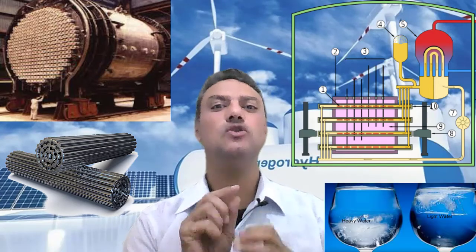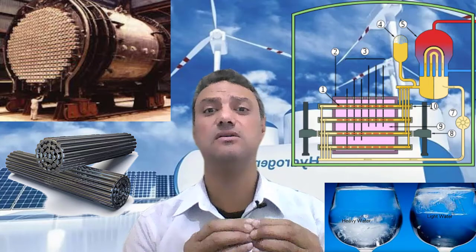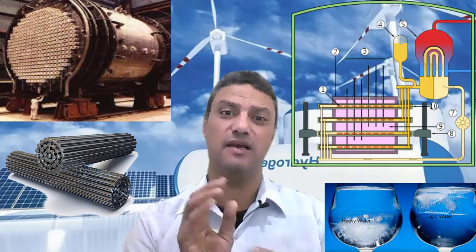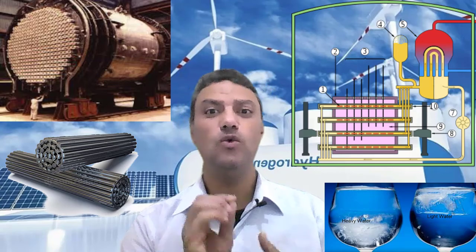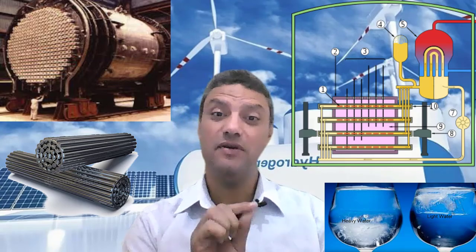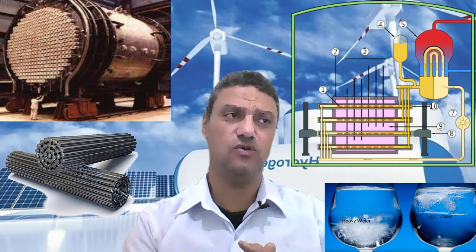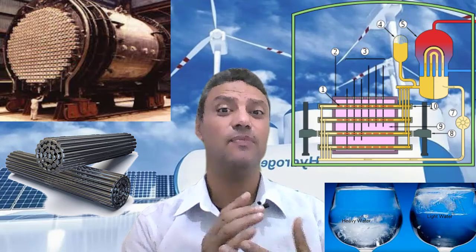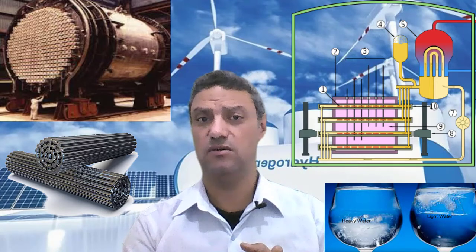D means deuterium. So the CANDU reactor is working with heavy water, not with light water like the traditional pressurized water reactor. U means uranium. Even so, CANDU reactors also work with thorium fuel and spent fuel of the light water reactor.